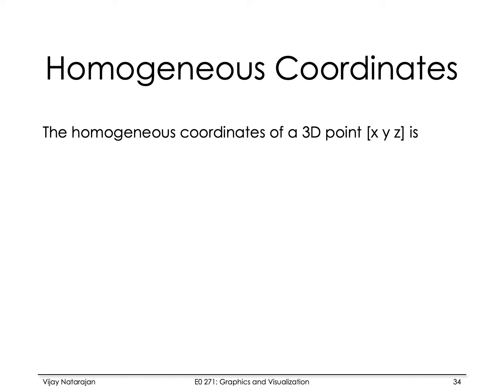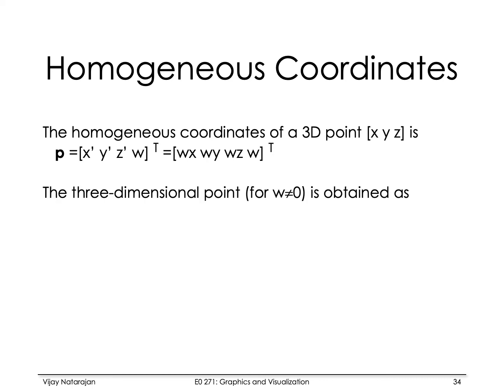So for a 3D point x, y, z, the homogeneous coordinate is x prime, y prime, z prime and w, of course, where w is 0 or 1. This actually represents the point wx, wy, wz and w. If we think of this as a point P, then the xyz coordinates can be obtained by dividing with w, right, in case w is not equal to 1.